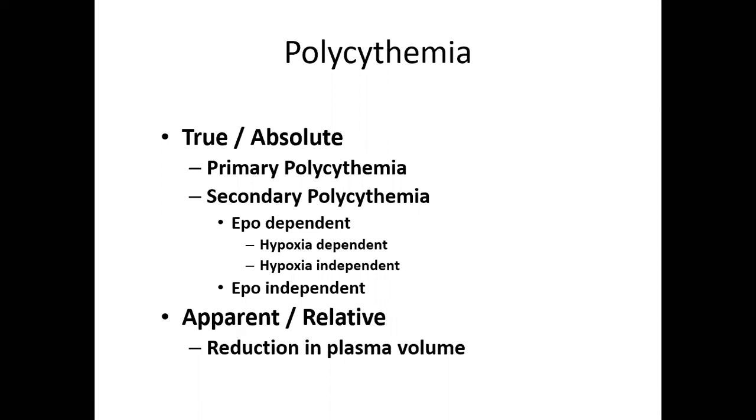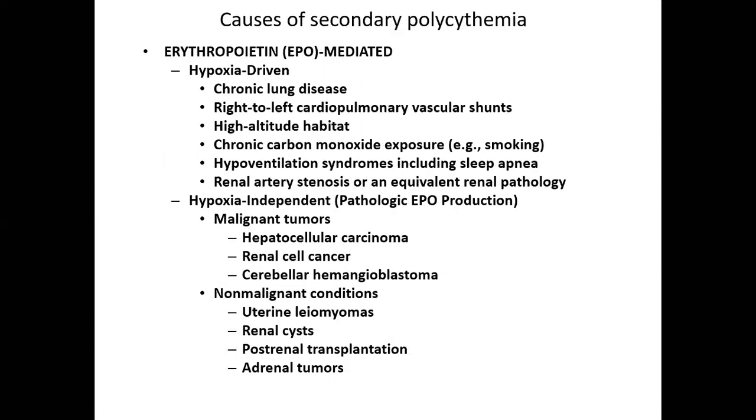It could be erythropoietin dependent, either induced by hypoxia, or not related to hypoxia, and erythropoietin independent. The other group is the apparent or relative polycythemia, in which there is a decrease in the plasma volume, and the most obvious cause is dehydration, and this condition will disappear after correction of dehydration.